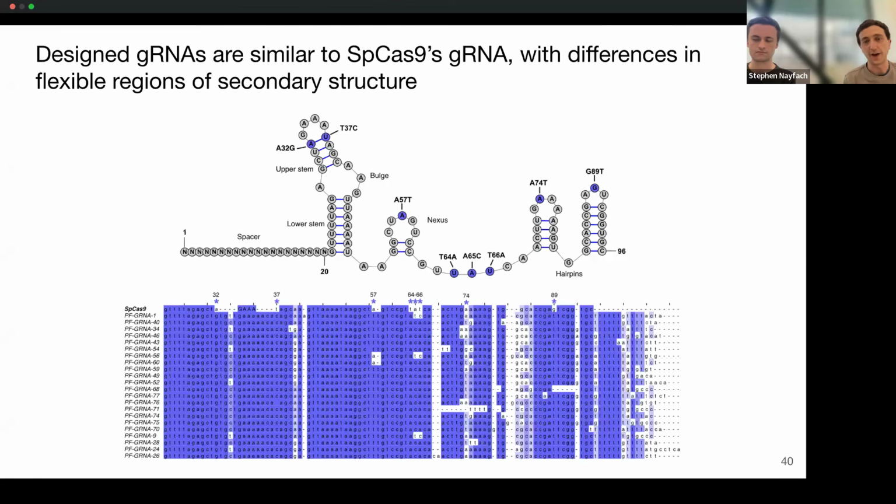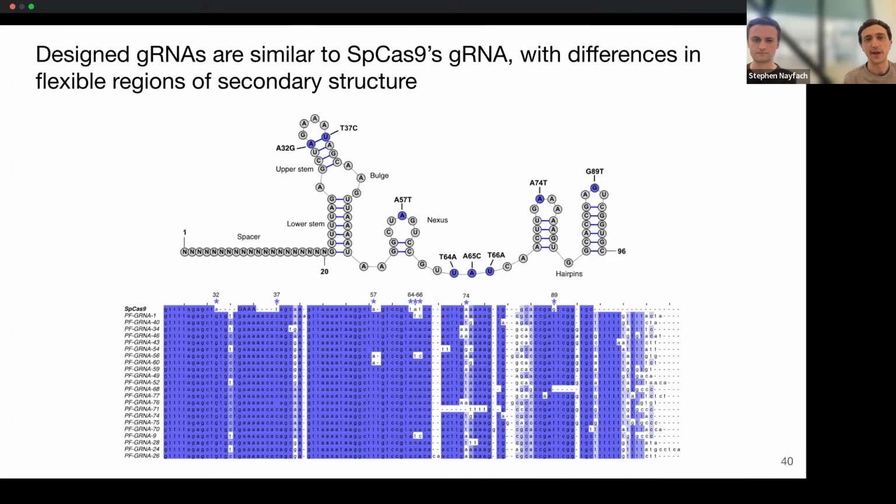On the top of the plot with asterisks, we've indicated positions in the generated guide RNAs that often differ at that position with respect to SP-Cas9. And then on the top of the figure, we have the predicted secondary structure of SP-Cas9's guide RNA.